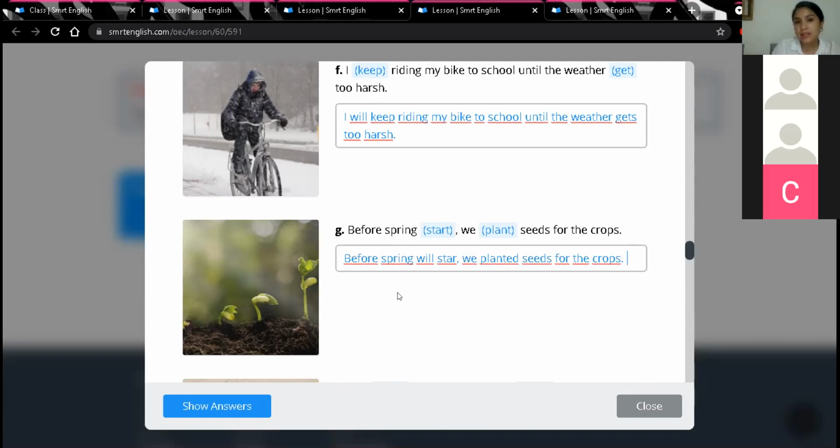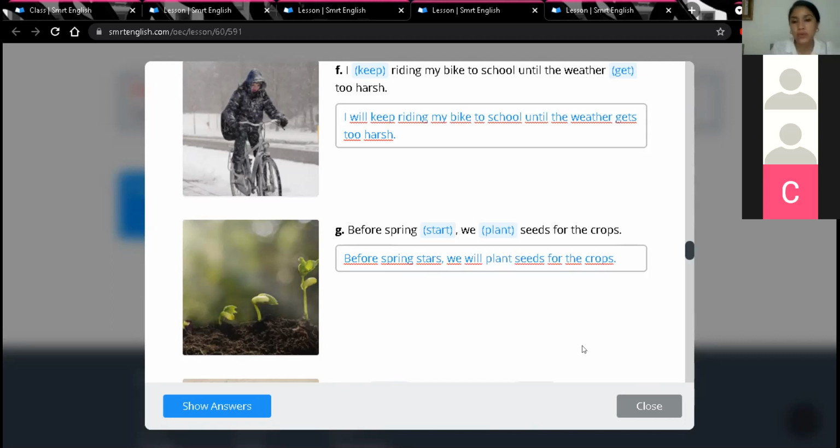Before is replacing if. You're saying that this is going to happen before spring what? Before spring starts. Before spring starts, we will plant seeds. Okay.